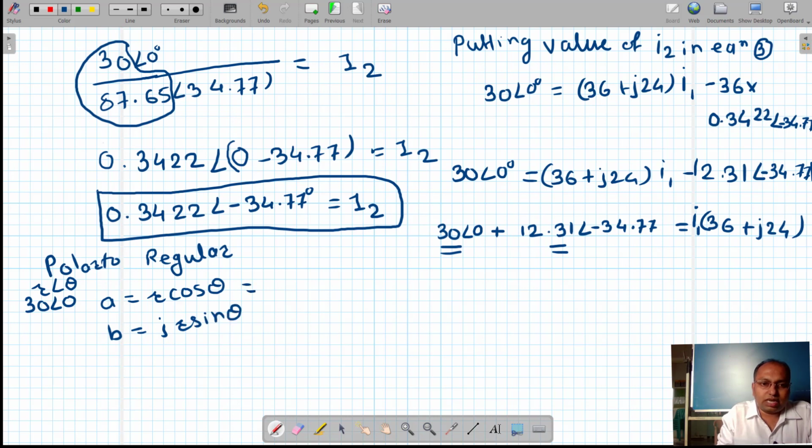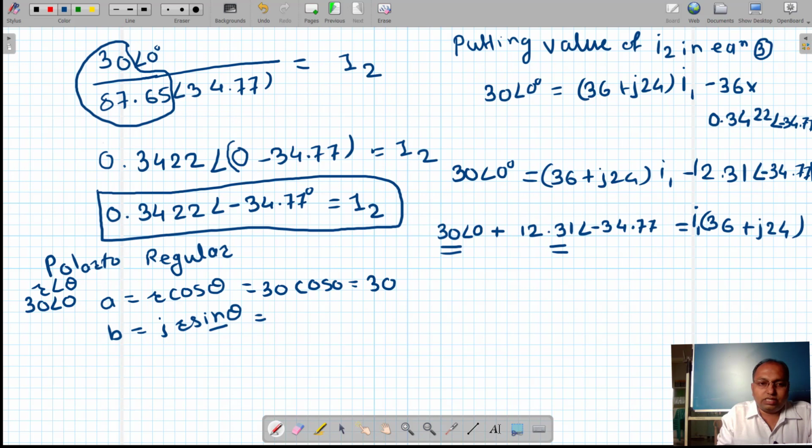Okay, so let us calculate. R is 30. Cos of 0 is, sorry, cos of 0 is 1, so this will give you 30, because 30 into cos 0 is 30. And what about b?